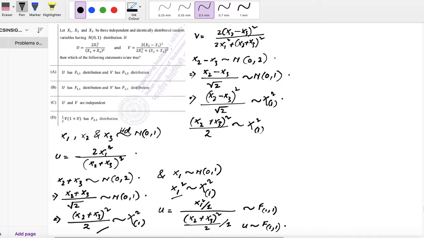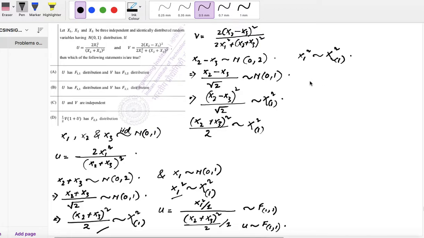And we are given x1 square also, which would follow chi-square with 1 degree of freedom.